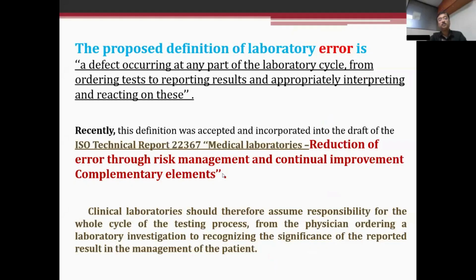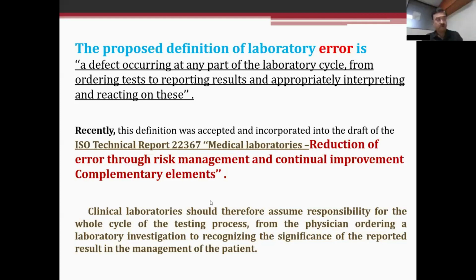Now the proposed definition of laboratory error is a defect occurring at any part of the laboratory cycle, from ordering the test to reporting results and appropriately interpreting and reacting on them. So what do you mean by a proper test? A proper test is one ordered with a definite reason, either to diagnose or rule out something. Number two, it has to be properly assessed, properly interpreted, and properly acted upon.